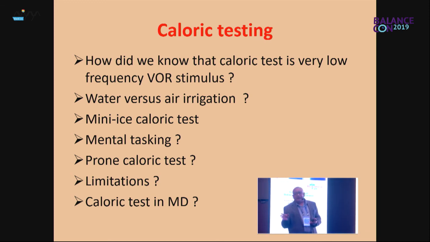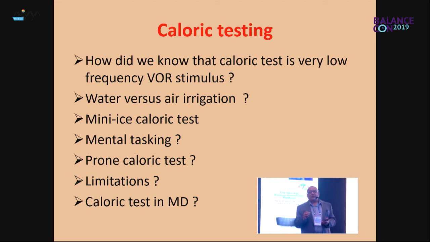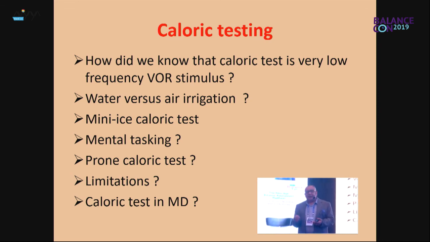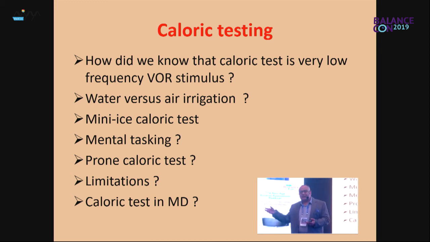One more point regards the caloric test in Meniere's disease, because that's again of clinical importance: the dissociation between the results of caloric testing and the video head impulse test, especially in Meniere's disease.